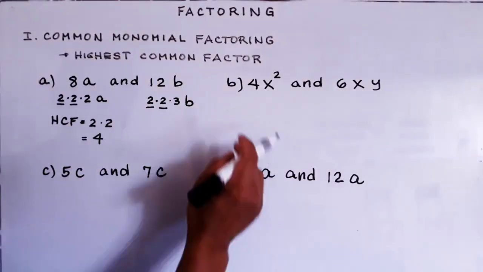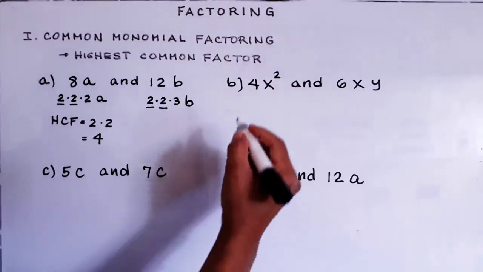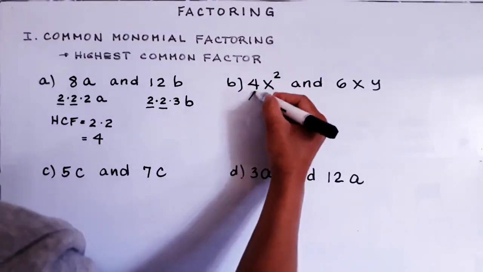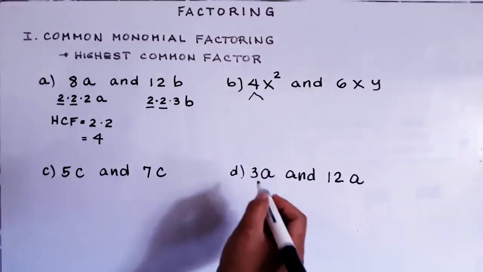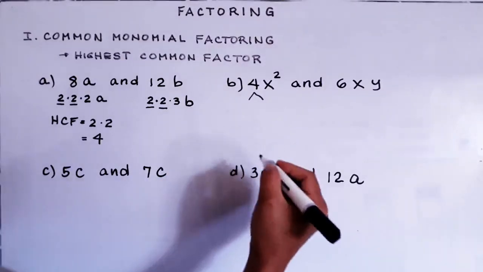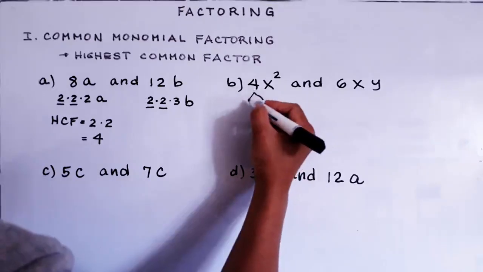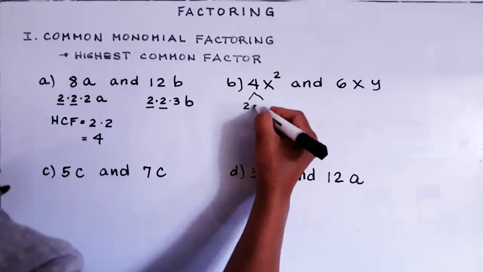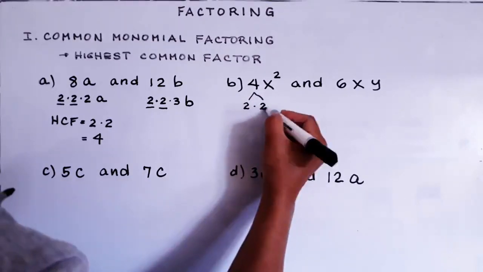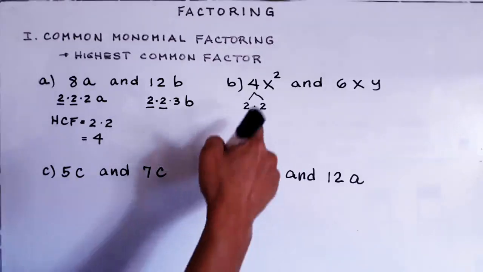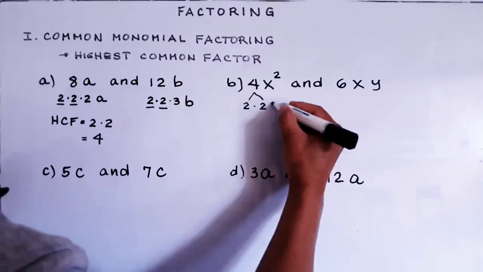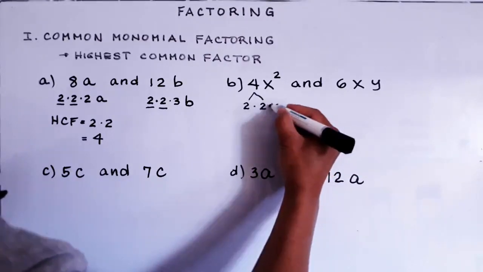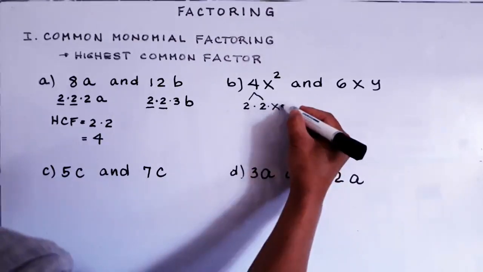So let's have letter B. Now for letter B, let us find the factors of 4, not 1 times 4. So we have 2 times another 2. And what is the meaning of x squared? The meaning of x squared is x times x.